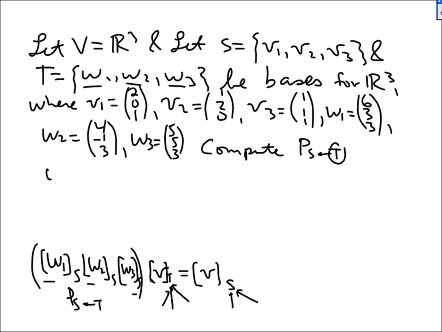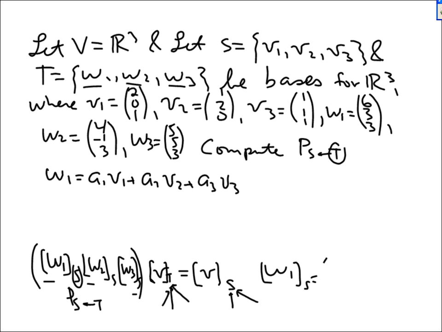So we want to write W1 as a linear combination of the vectors in S. We'll call it A1 V1 plus A2 V2 plus A3 V3. And remember, W1 in S is going to be whatever those three values are.